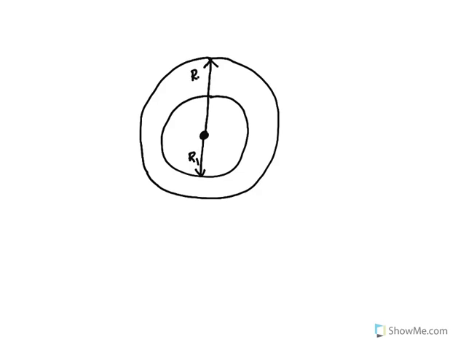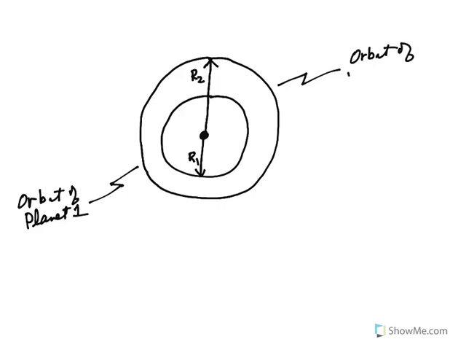Now, the goal is to be able to transfer between these two orbits. So this is the orbit of planet 1. This is the orbit of planet 2.